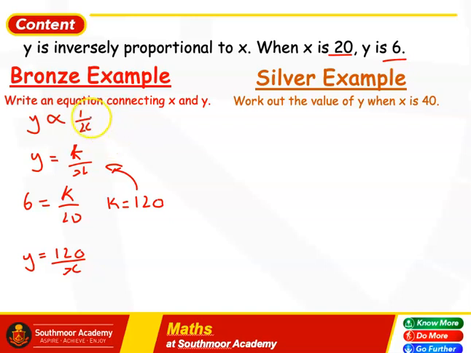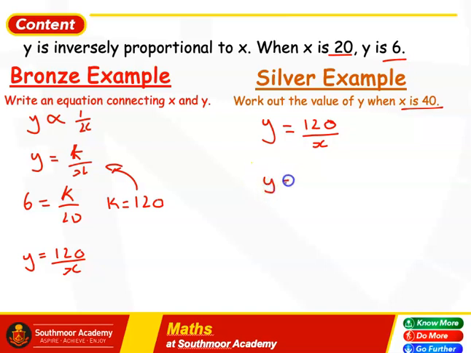So inverse proportion is 1 over the value. Then, you need to use this in order to work out any missing value. So work out the value of y when x is 40. So we're starting off with our equation. We have y is equal to 120 over x. We're going to substitute in our value for x because that's what we were given to work out y.